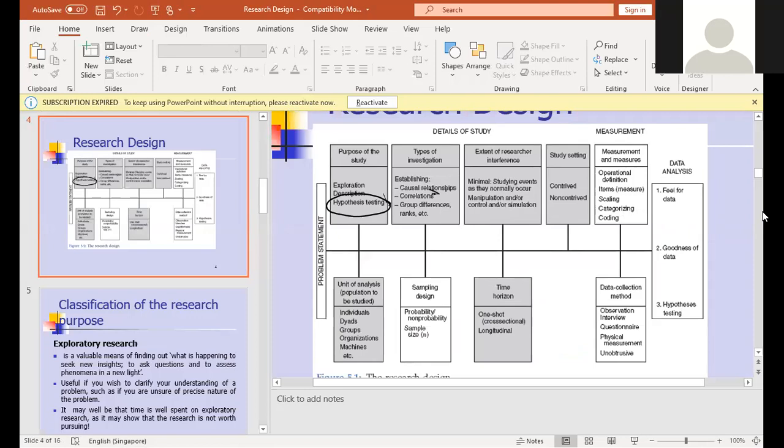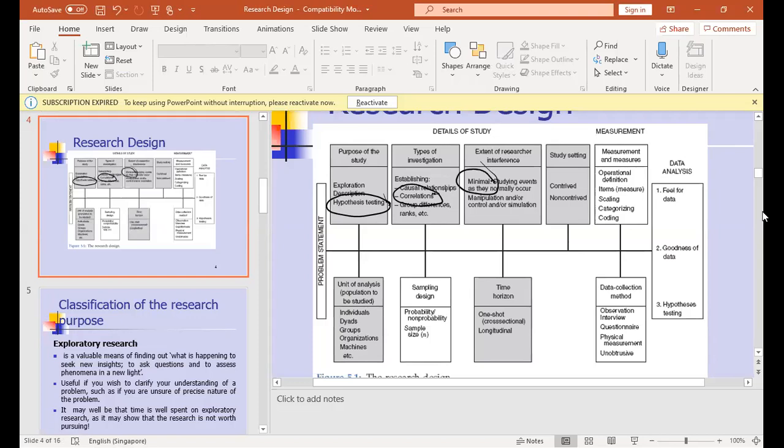You test using correlations. Say, for example, service quality was a variable. You try to correlate service quality with the customer loyalty. You have minimal interference. You just distribute your questionnaires and get back the answers. It is non-contrived. You're not going to change the setting.